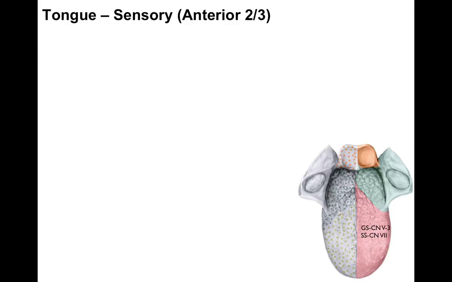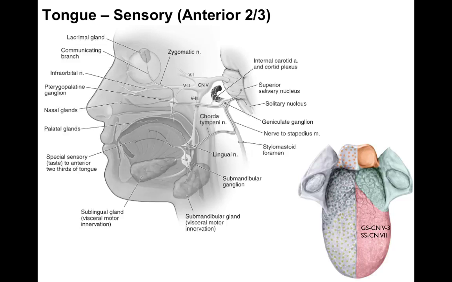Then let's talk about the tongue. So sensory innervation. The anterior two-thirds of the tongue gets different general sensory and special sensory. General sensory is cranial nerve V3 via the lingual nerve, and special sensory is cranial nerve 7 via the chorda tympani nerve. So here we've got this schematic. In green, there's our cranial nerve number 5, and V3 is indicated.